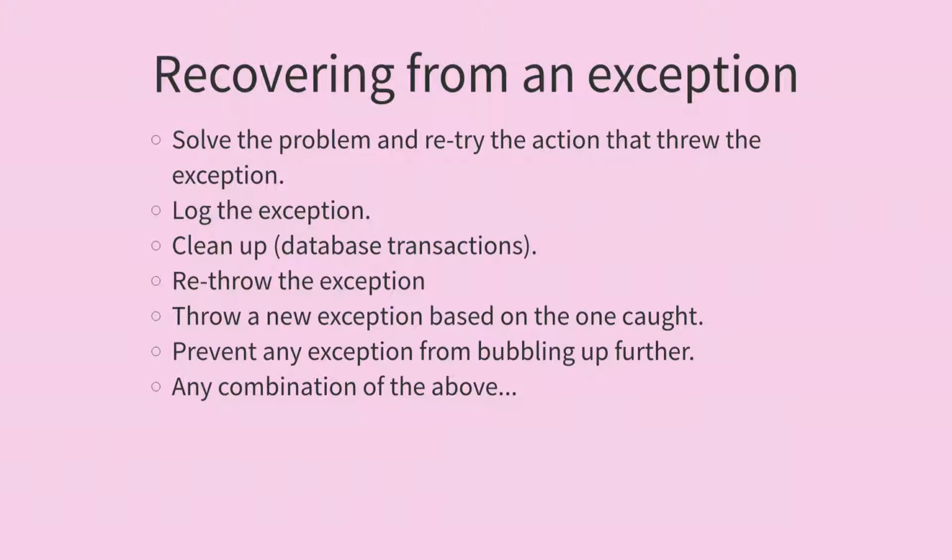But what you would do is rethrow the exception in the catch block. So you basically pause the bubbling, you perform a few tasks, and you rethrow the exception, or you can create a new exception and throw that one. So you've done your thing, but you still want the exception to bubble up so it communicates the problem to another part of the system.